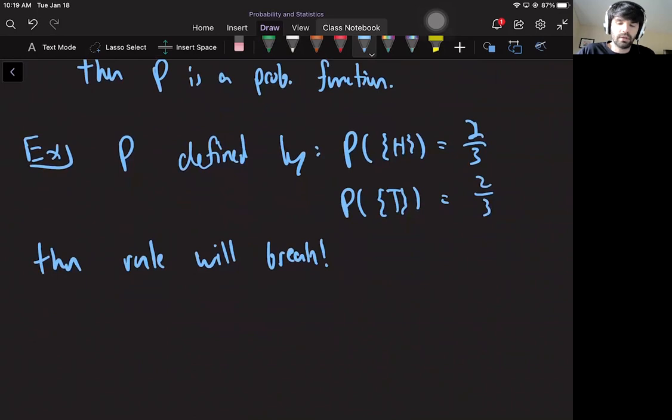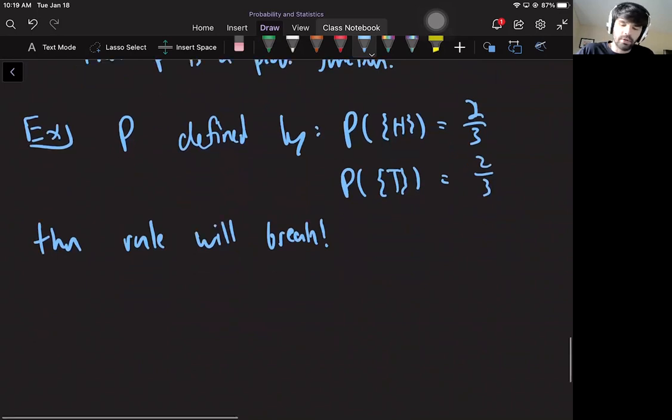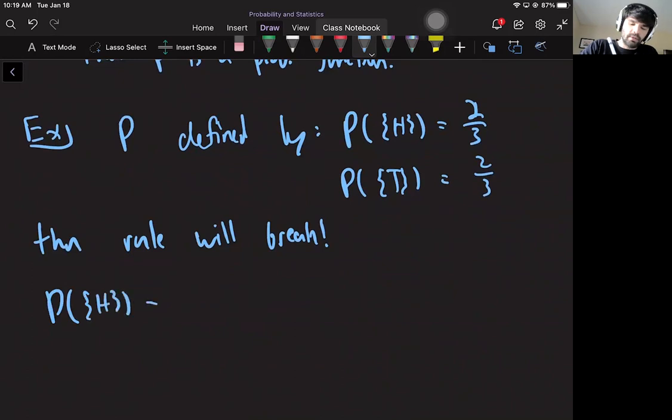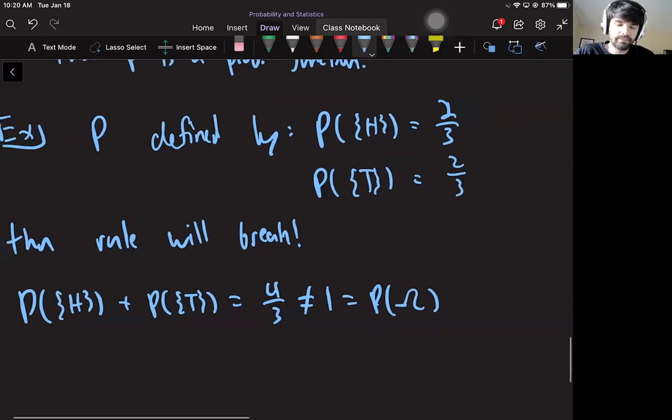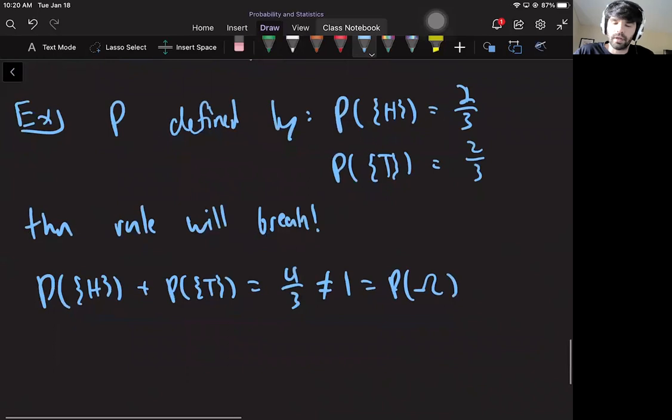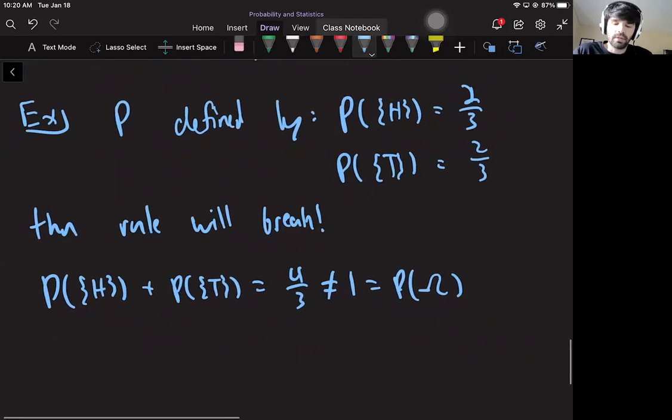If you try to make the other one work, then the other one will break. So for example, if I do this calculation, if I do them separately, I'll get 4/3, which is not 1, which is what I need it to be, because I need the probability of omega to always be 1. So in this case, rule 1 breaks. Okay, so this is not a probability function.